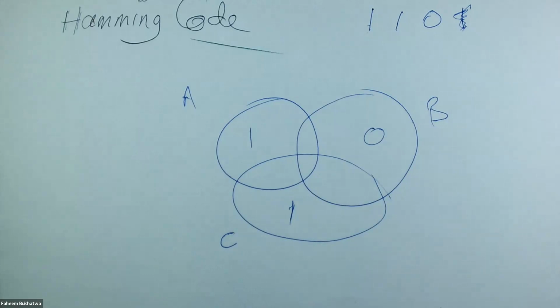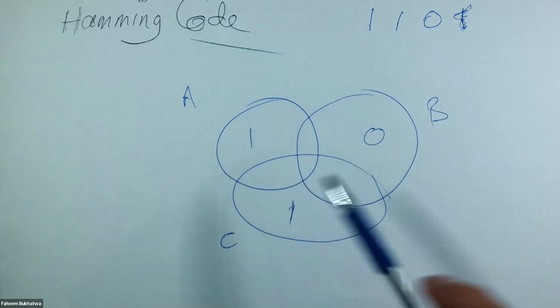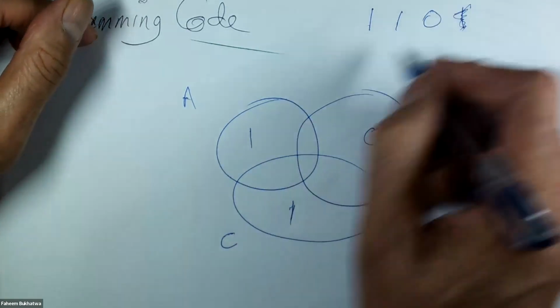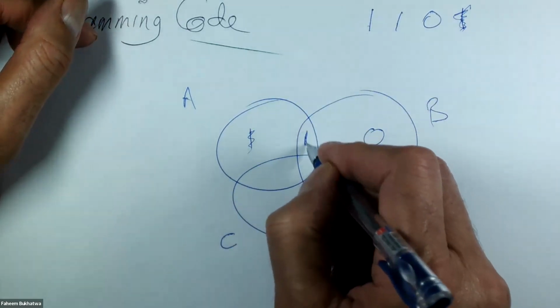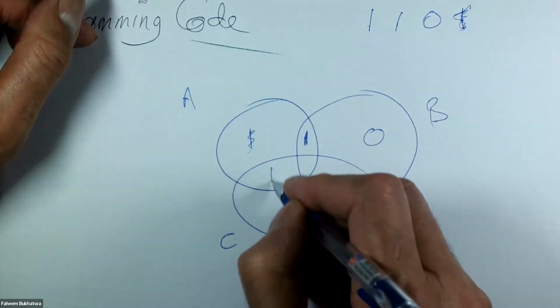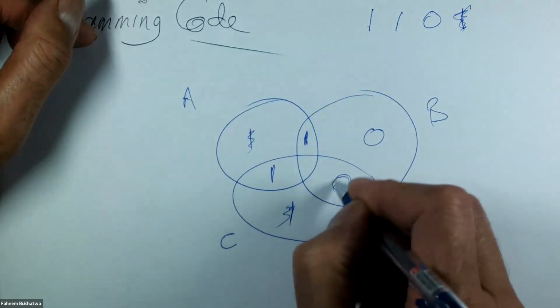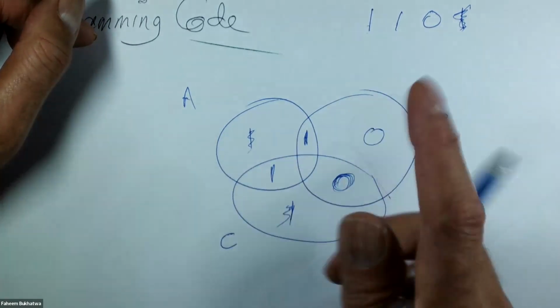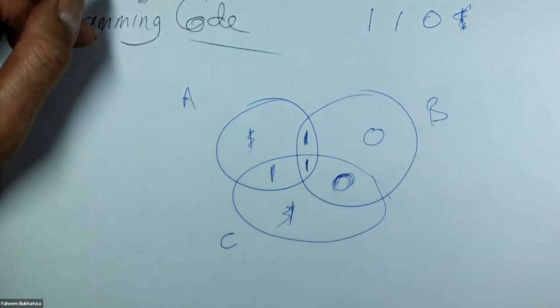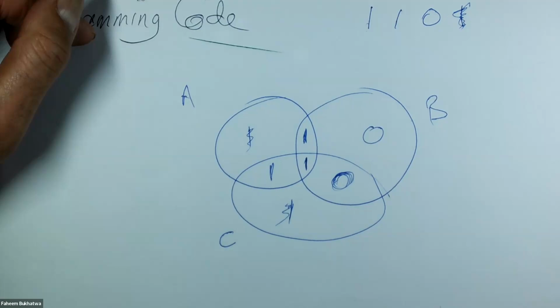So in Hamming code, it says treat... no. Let me put the data in a different place. Let me put the data here. 1, 1, 0, and 1, and 1 there. Is that the way it works? I think that's better.